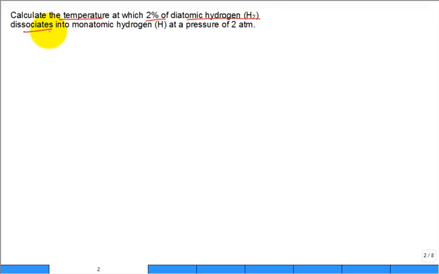You take a look at the back of your table, you probably don't even need it for this one, and you find the dissociation of hydrogen equation, and it looks just like this. You have one H2, and it can dissociate into two H's. That's about as simple as they get.